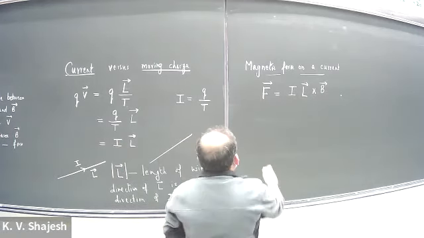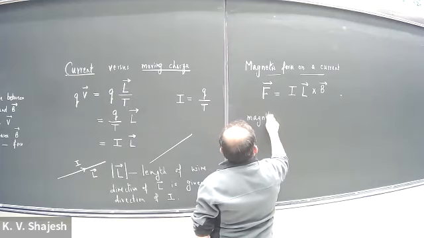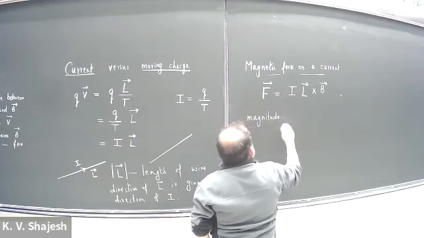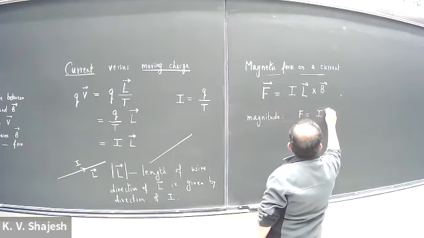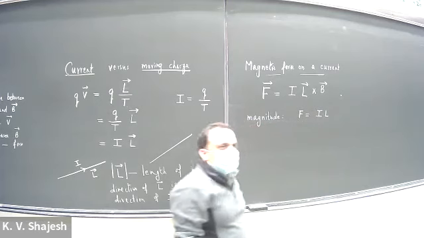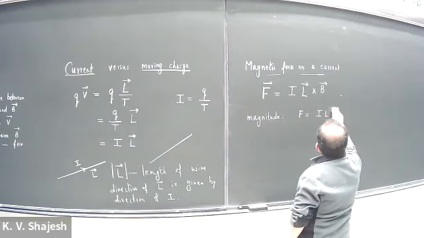Again, magnitude and direction. The magnitude F is I times L times B times sine of the angle between L and B. Everything is magnitude; the sign does not come in.